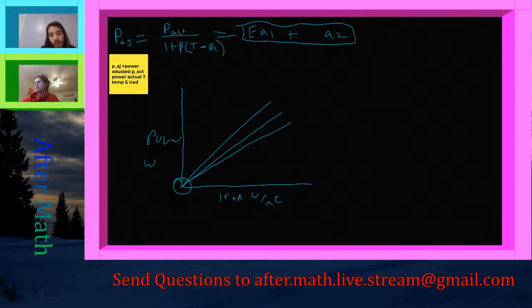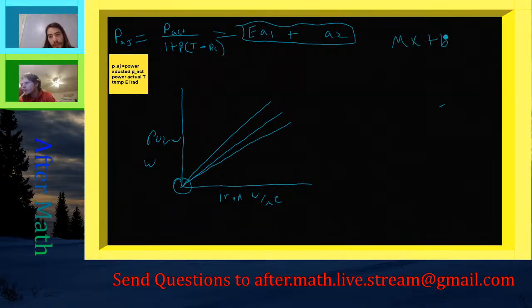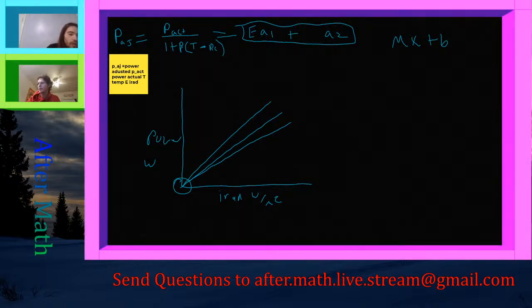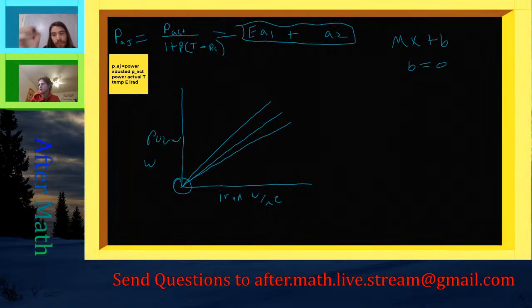If we look at it, it's essentially a line, mx plus b. Well, according to this graph I just drew, our b should be equal to 0, right? You seeing that?